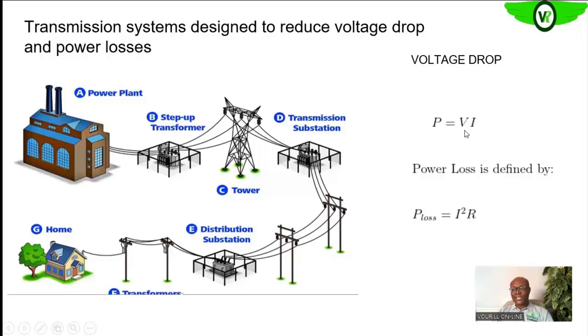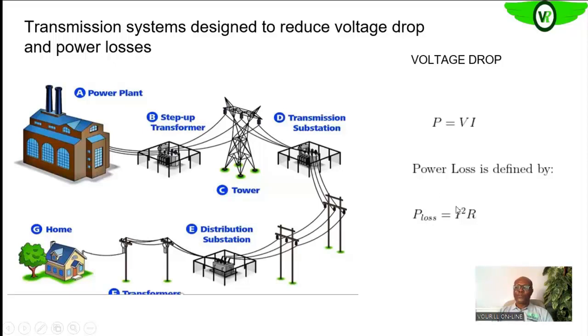In addition to that advantage, you will see that it also helps to reduce the power loss. Like we said earlier, all of these cables are made of copper wire, which have some level of resistance. I will know that power loss from this formula is a product of the square of the current on the line and the resistance of the line.